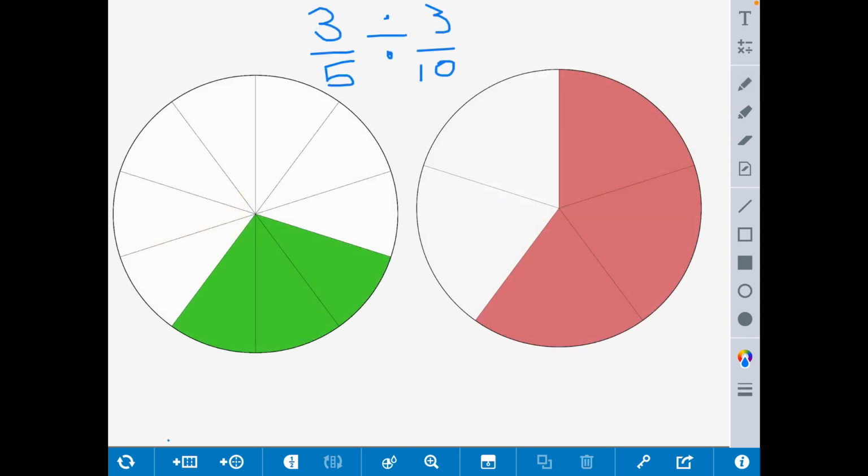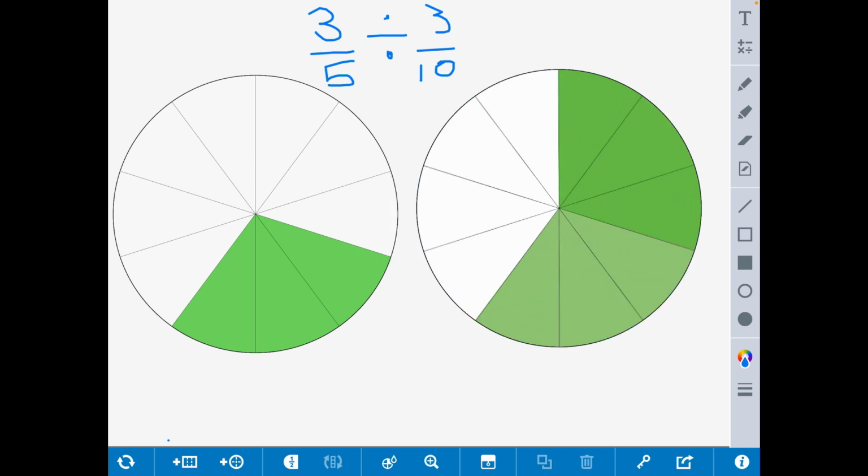This is the last example I'm going to look at, and it's 3/5 divided by 3/10. So you can see on the right hand side in red I have 3/5 shaded in, and on the left hand side in green I have 3/10 shaded in. And remember, we're seeing how many times 3/10 fits into 3/5. Well, it certainly fits in once. It fits in twice.